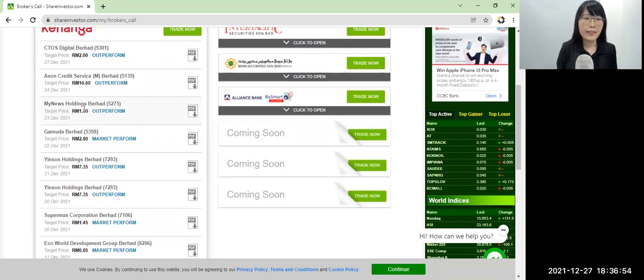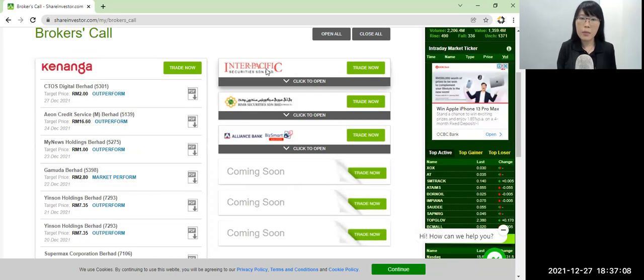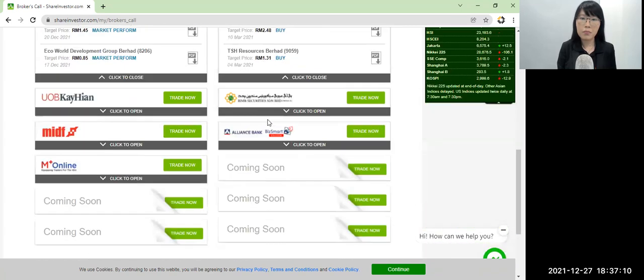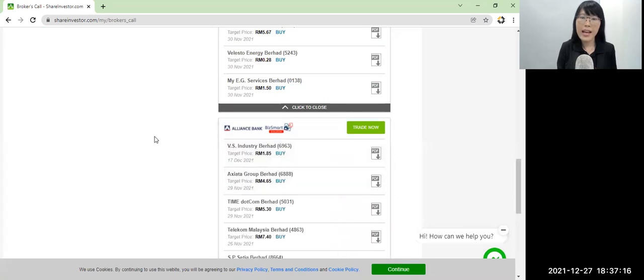And also you can see what is the target price for each counter. Besides, you still can see other broker calls for UOB Kay Hian, MIDF, M+, Inter-Pacific, BIMB Securities, Alliance Bank, and so on.